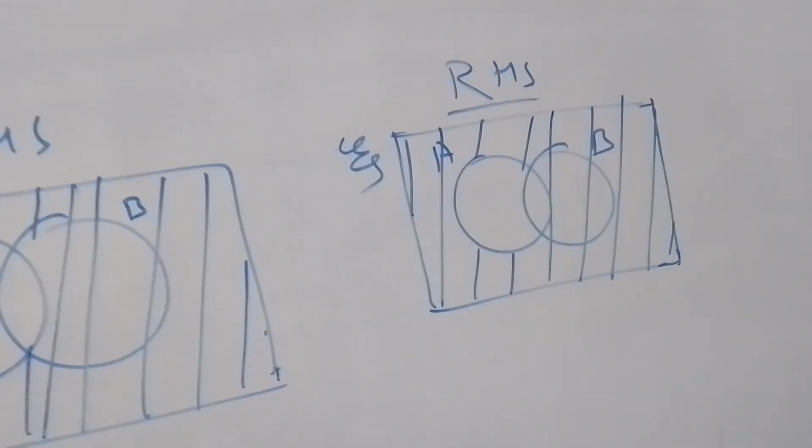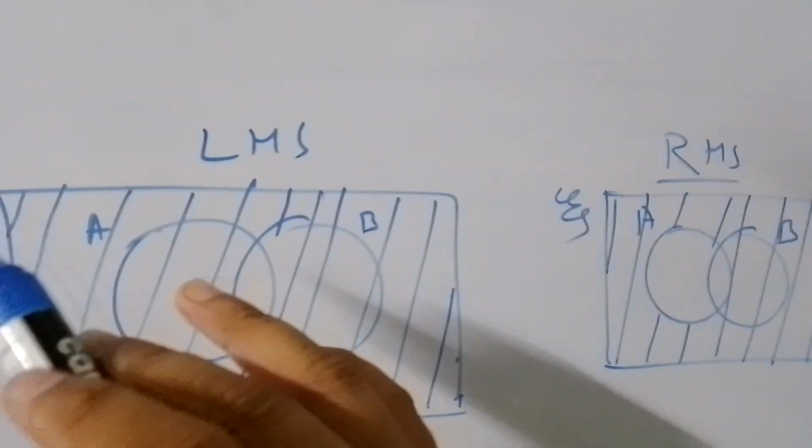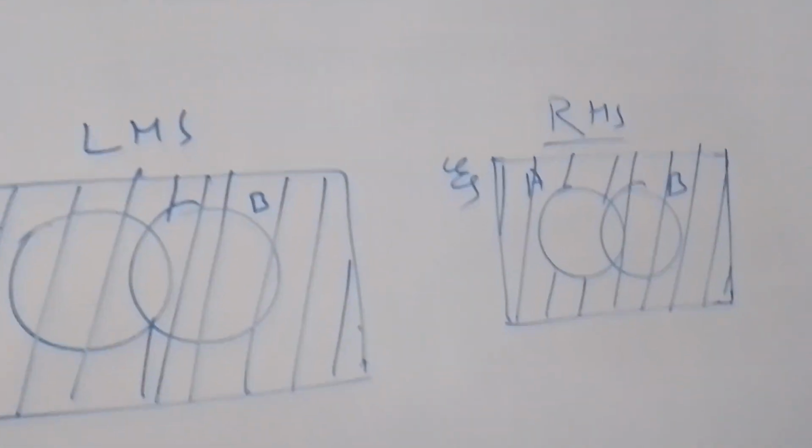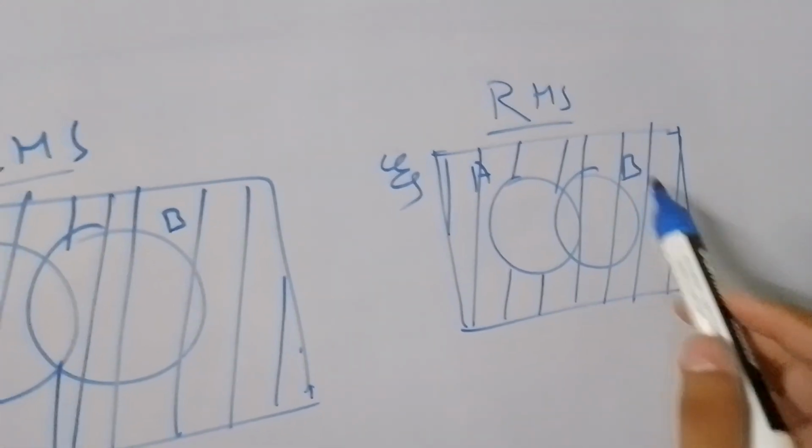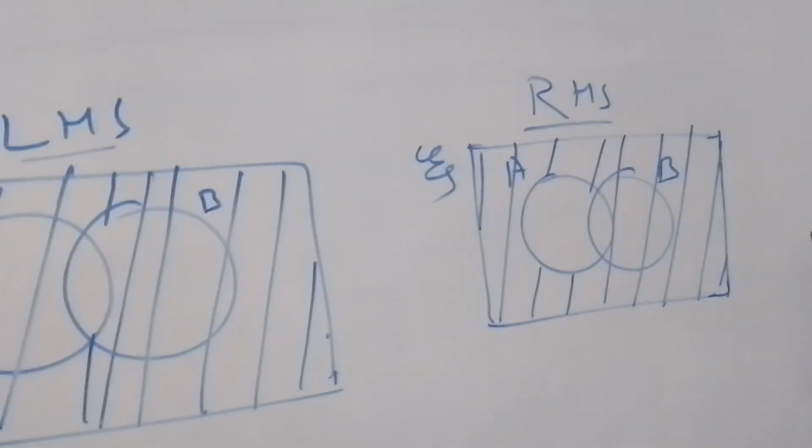Okay, now let's draw the B complement over there in order to understand it better. So if I say B complement, it would be like this.